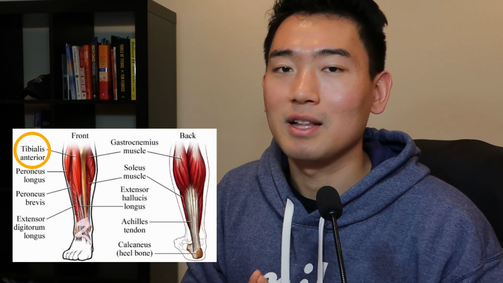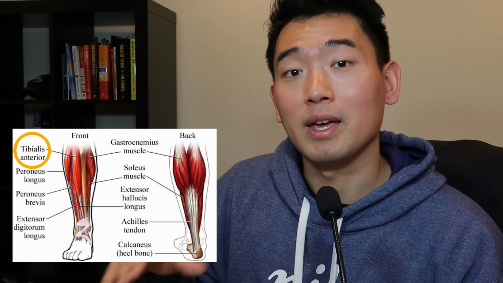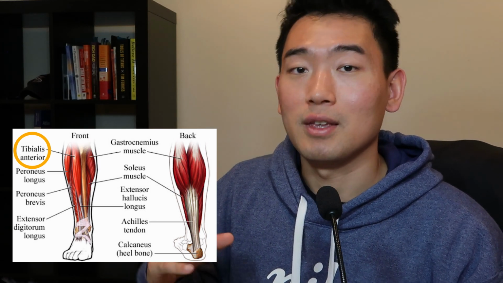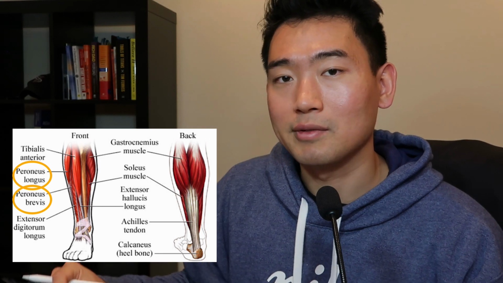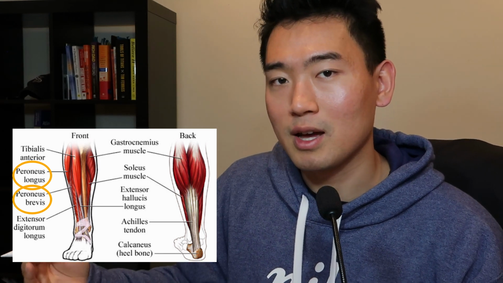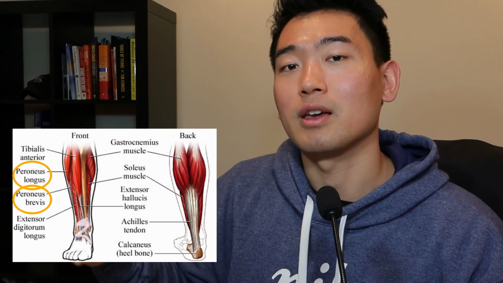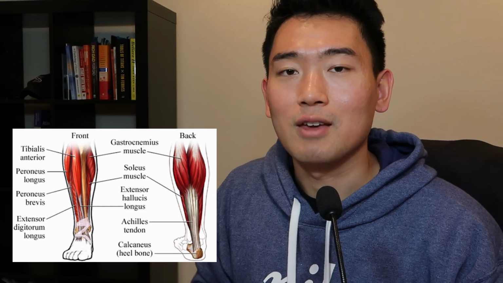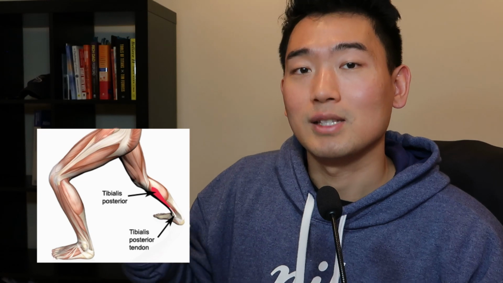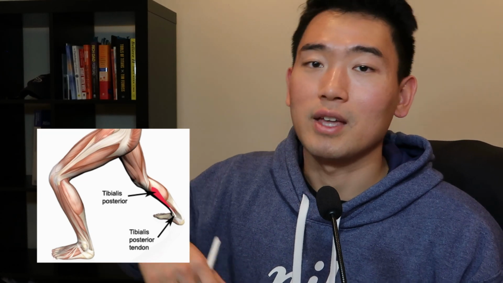And those 3 muscle groups are, number 1, anterior tibialis, which is responsible for up and in, so dorsiflexion and inversion; fibularis longus and brevis, which does the completely opposite action, which is plantar flexion and eversion, down and out; and finally, posterior tibialis, which is responsible for down and in, so plantar flexion and inversion.